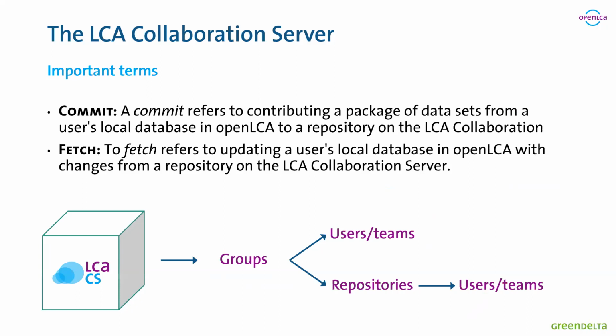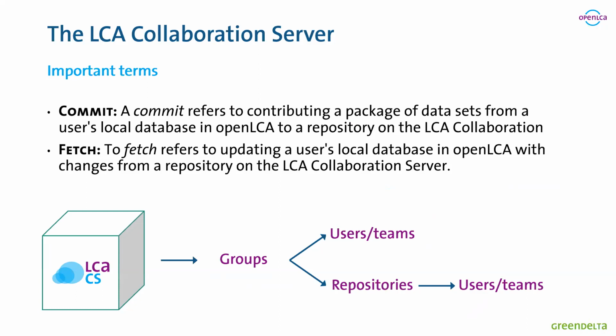And on the other hand, you can also conduct a fetch, which means that you are updating your local database in openLCA with changes that other users, or maybe also you yourself, contributed to the repository on the LCA collaboration server. That is also something which we will show, of course, during the live demonstration. So if this is not very clear right now, we are sure it will become clear in a bit.